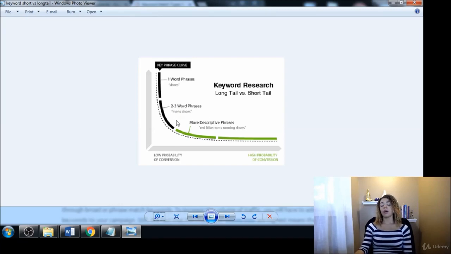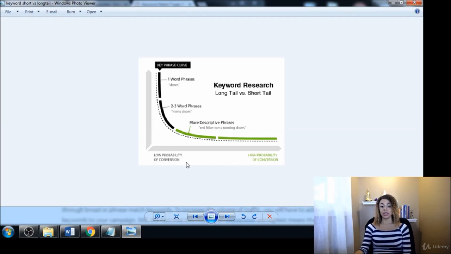You can still have enormously high competition. So maybe something like social media management for small business, that would be a long tail keyword phrase that might be a better thing to go after. So that is the difference between short tail and long tail keyword phrases, and that just puts in perspective what we're going to be covering over this entire course.